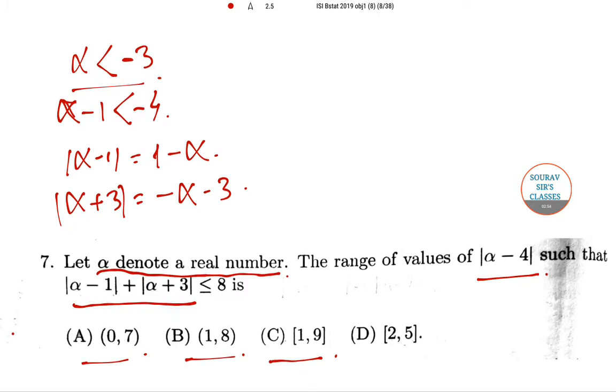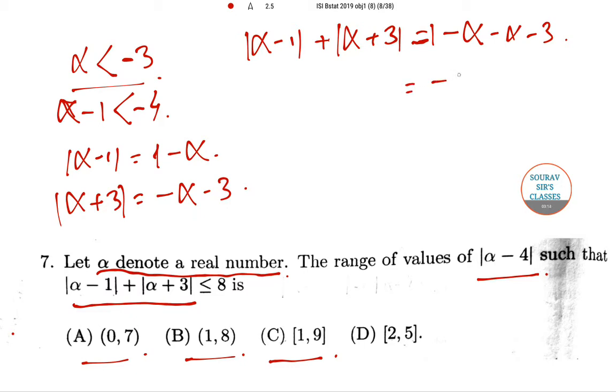Now summing up that, we get mod alpha minus 1 plus mod alpha plus 3 equal to 1 minus alpha minus alpha minus 3, which is minus 2 alpha minus 2. And you can see that it has to be less than or equal to 8.